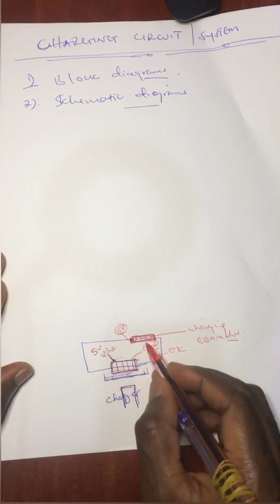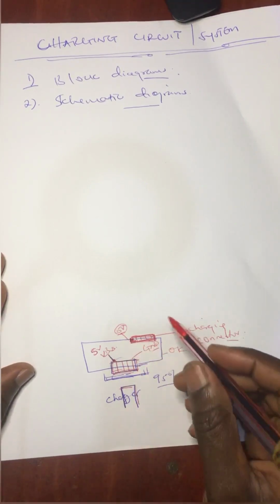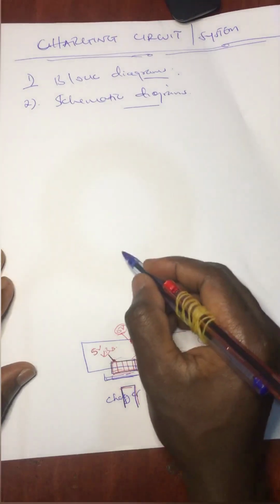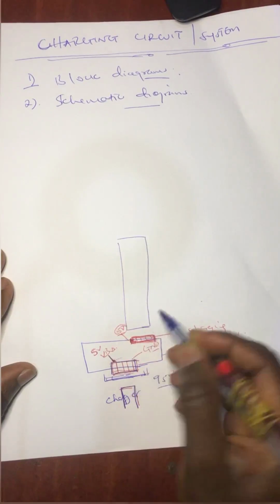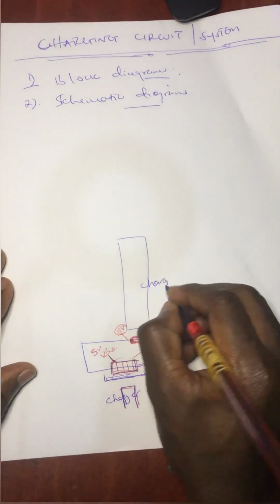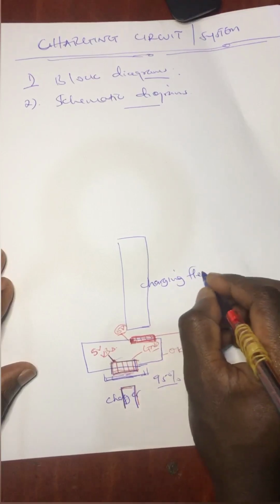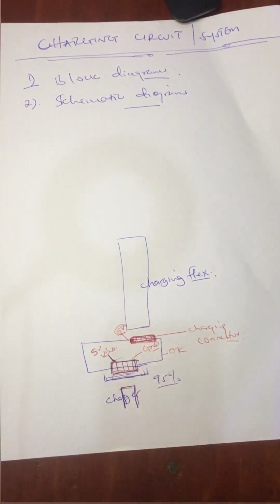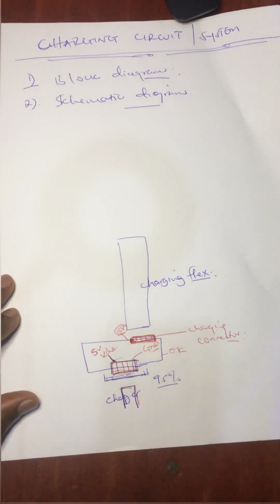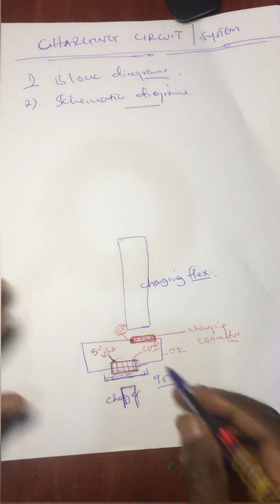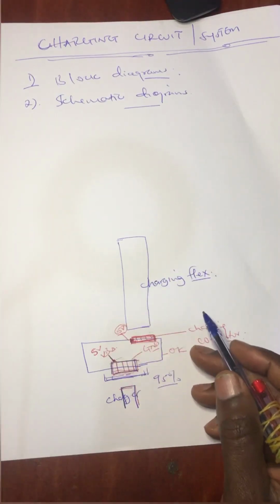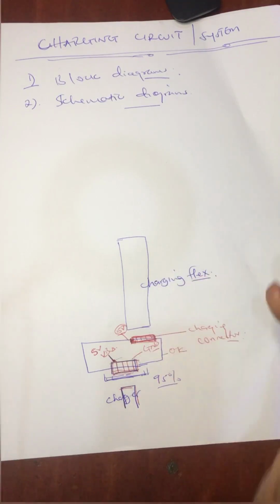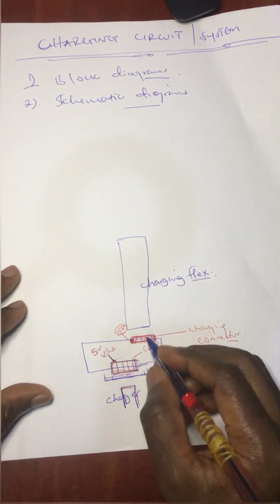Now from the charging flex connector right here, you have the charging flex. Let's draw it like this. So you have the charging flex. Depending on which model of mobile phone you're working on, in some models this flex cable is attached to the screen, and in some other models this cable is independent.